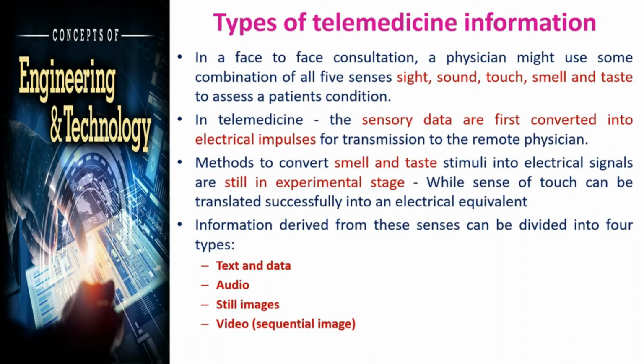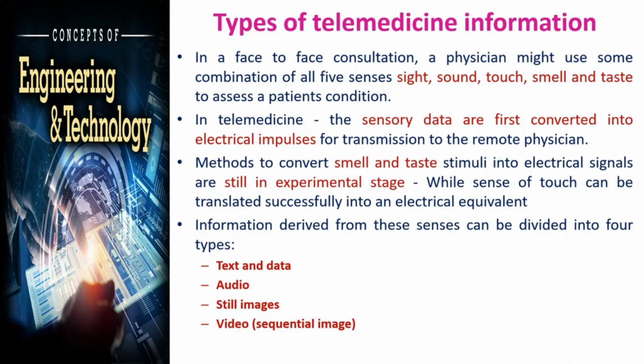When you're sending all this information, for example smell and taste can also be simulated into electrical signals, but this is still in the experimental stages. But the primary data we are getting is information like the heart rate and the temperature level.